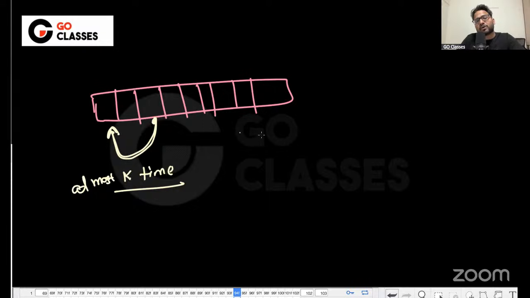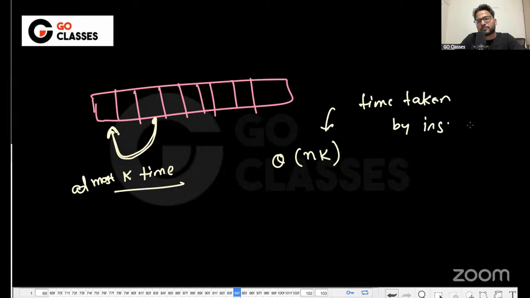So insertion sort on this particular array will take order of nk, or theta of nk. This much time insertion sort will take.